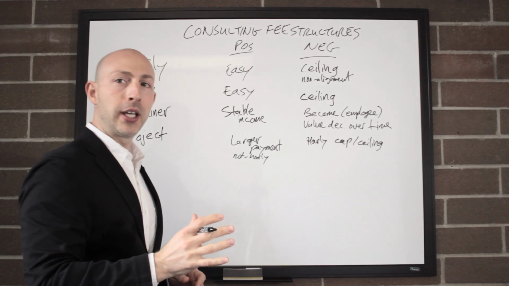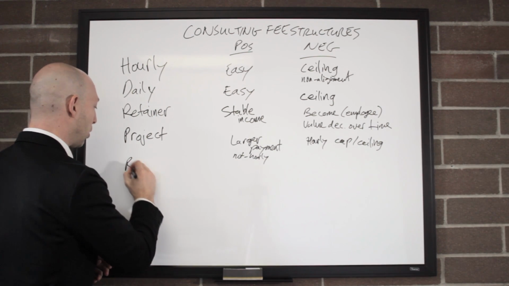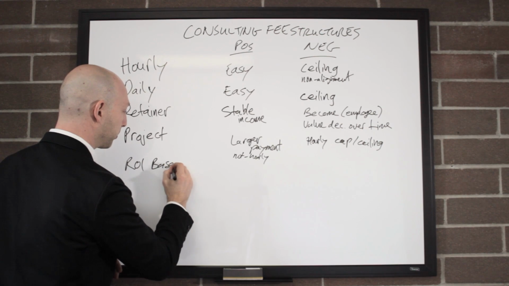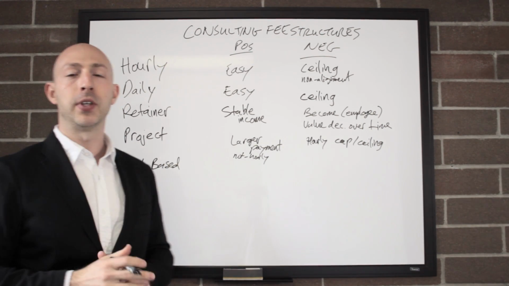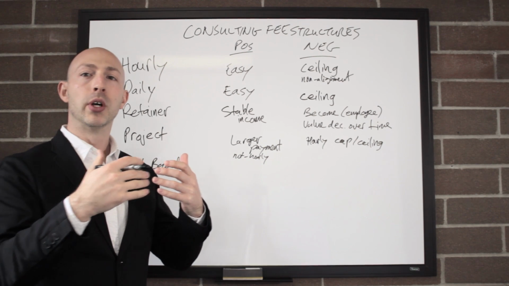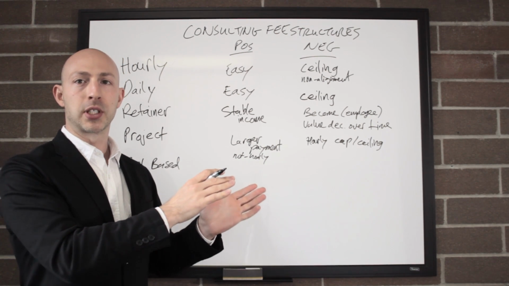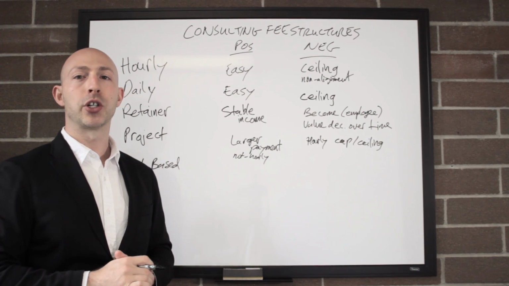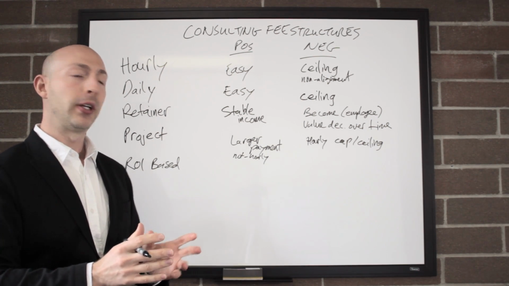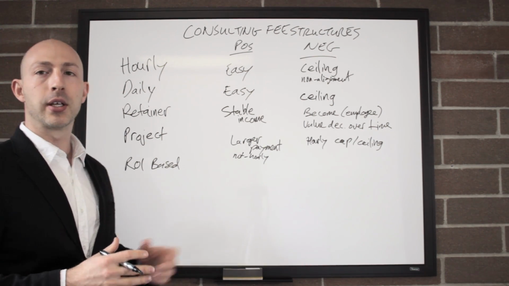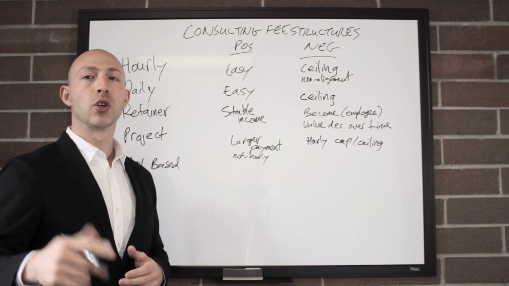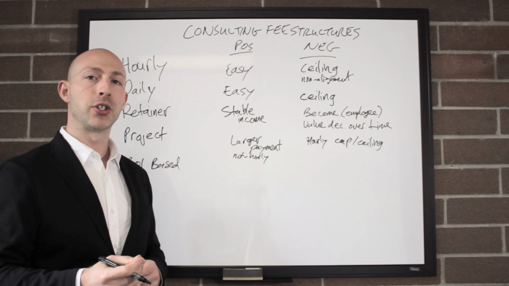Now, a slight variation on this is what I call ROI-based. ROI-based fees are still projects where you go in and you take a client through either a specific phase or a stage of a project, or you do the complete project for them. And whether it's big or small, the value in ROI-based is that it's based on the ROI and the value that you are providing to that client within that project.